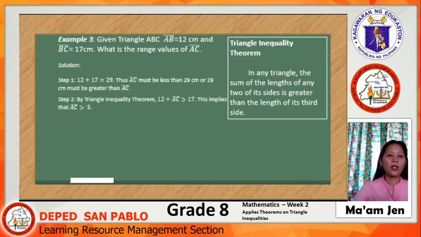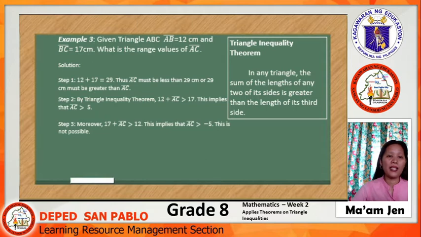Step 2. By the triangle inequality theorem, 12 plus segment AC is greater than 17. So this implies that segment AC is greater than 5. Step 3. Moreover, 17 plus segment AC is greater than 12.